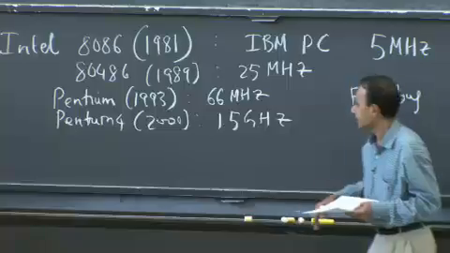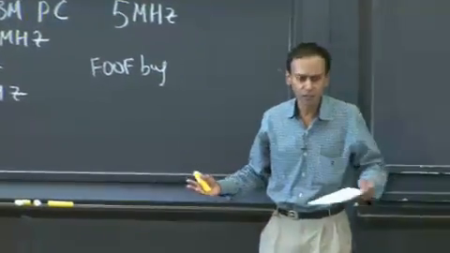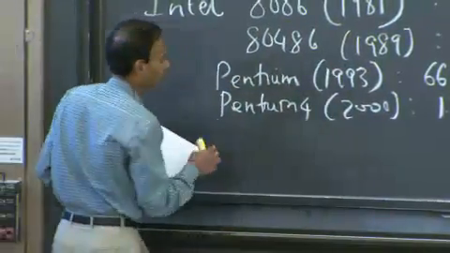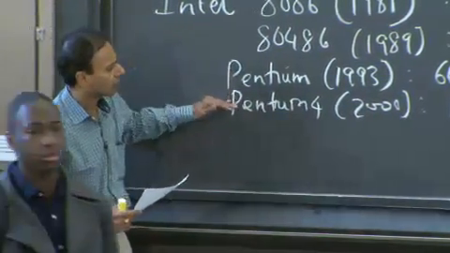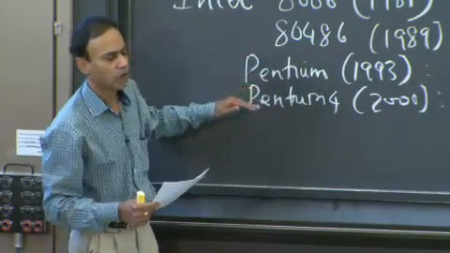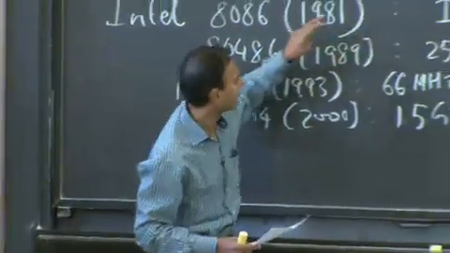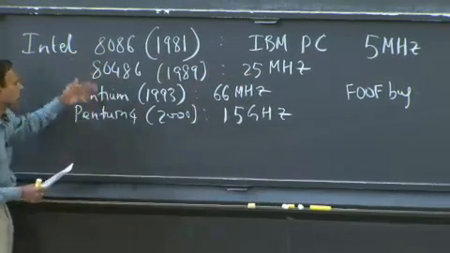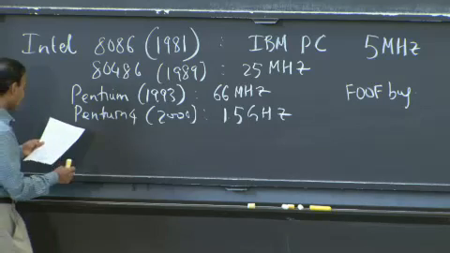But the Pentium was obviously very successful. A lot of machines sold. And it felt like it was only going to be a matter of time before we got to tens of gigahertz the way things were going. As you can see, this is a pretty steep growth from 5 megahertz to 25 to 1.5 gigahertz in the space of about 20 years.